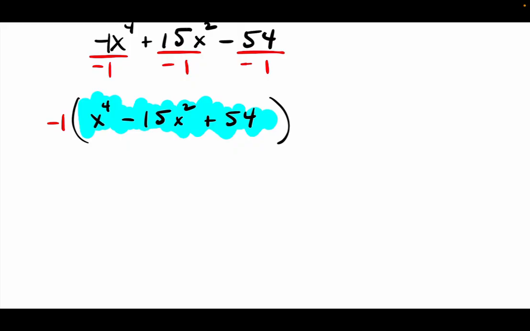Step 3, ABC. Okay, so what's in the A position? A 1, yeah. B is negative 15. C is positive 54.